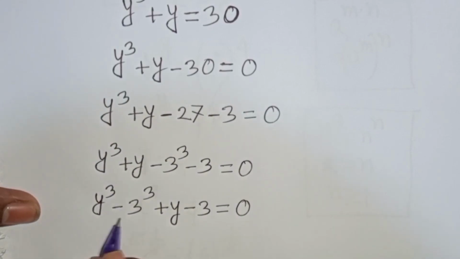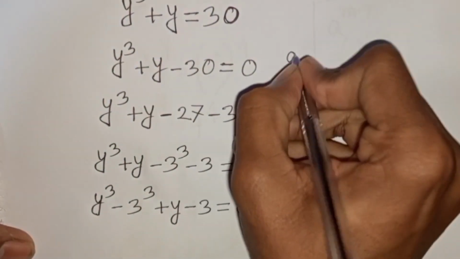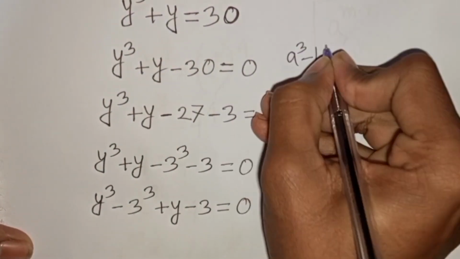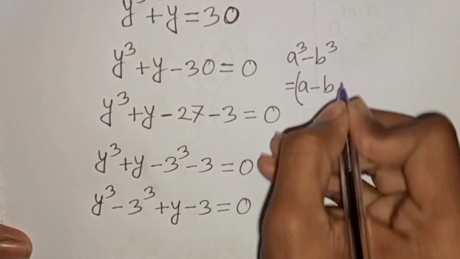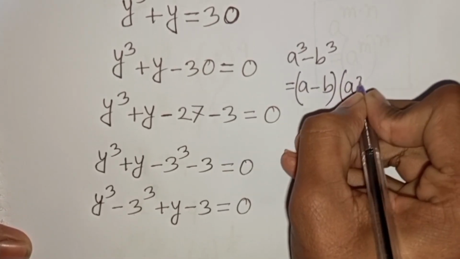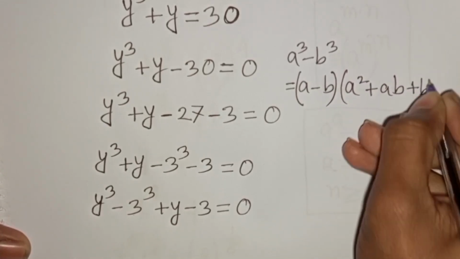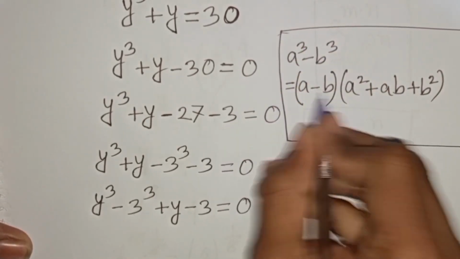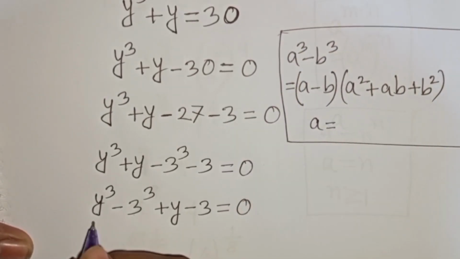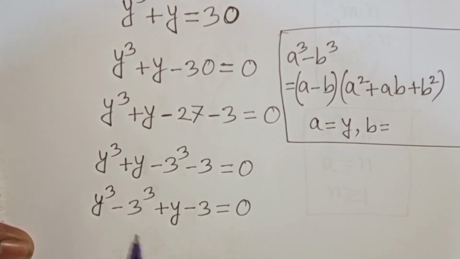Now here you can apply the formula of a cube minus b cube. Here a is y, b is 3. So according to this formula, a cube minus b cube is equal to a minus b times a square plus ab plus b square. Here a will be equal to y, then b will be equal to 3.